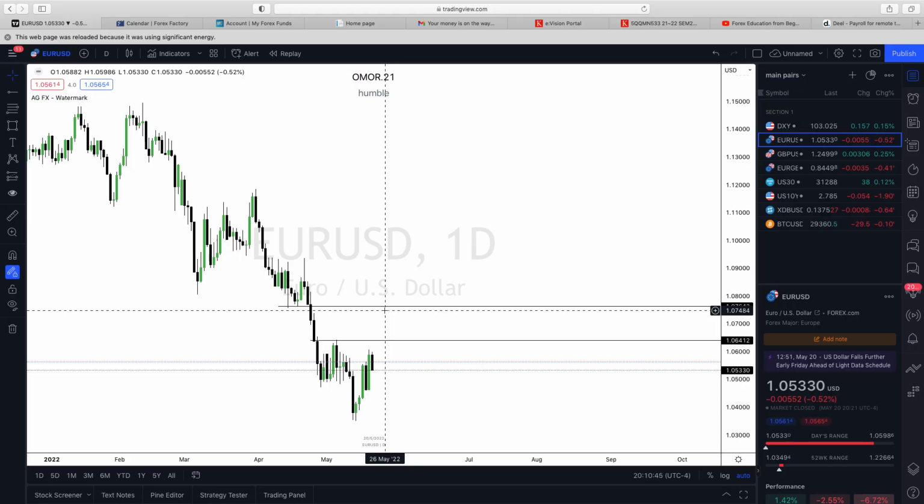Intraday, we get in line with that daily optimal trade entry rejection and we hunt for short opportunities. Every short opportunity we get off the rejection of the OTE, we take that, and we take that, and we take that until we get back to the 50% of the equilibrium, preferably a discount. Do you see how we frame the bias and the narrative when we use these tools, right?